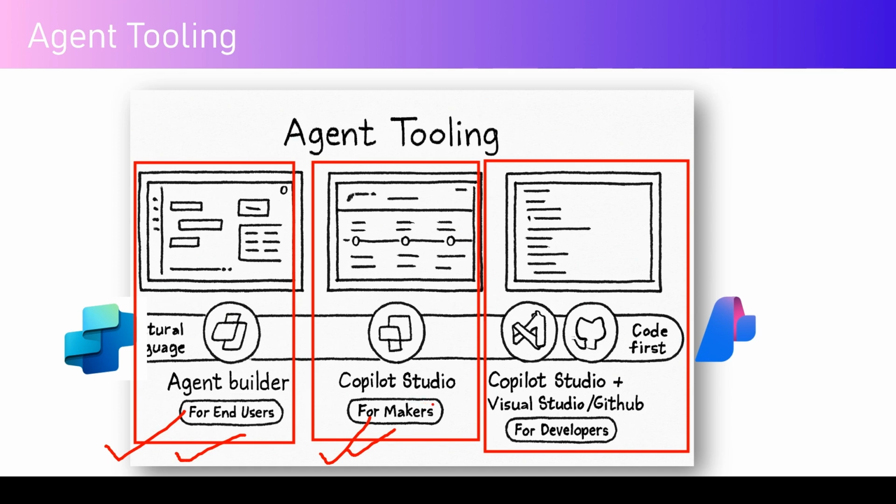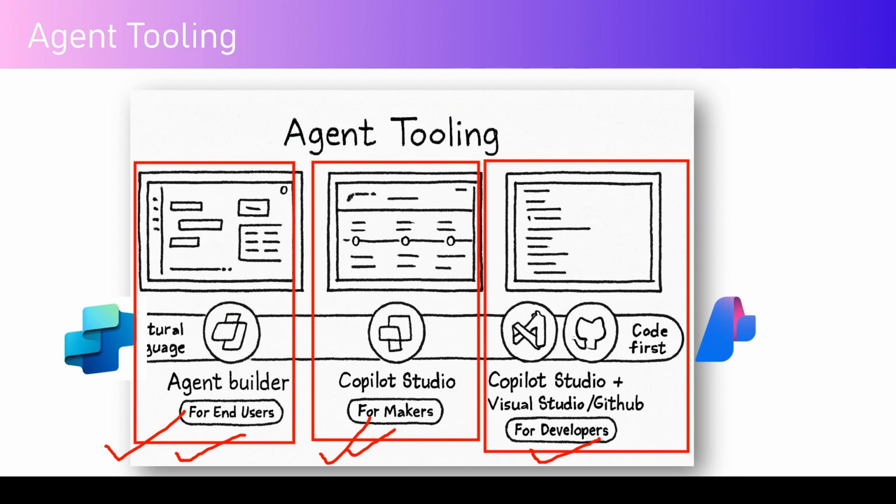Now, if you really want to explore the ins and outs of the agent, then the next step is for the developers. The developers can actually configure at a root level the functioning of the agent. Many things get exposed in the agent development process.